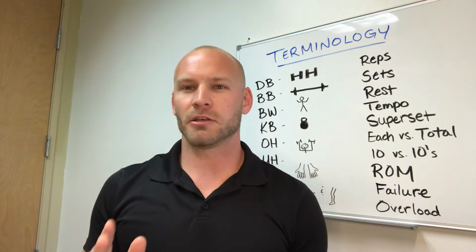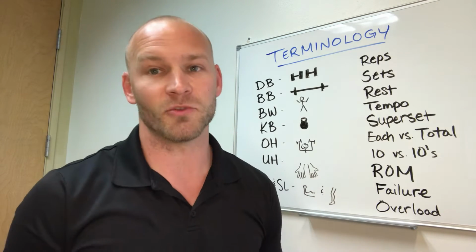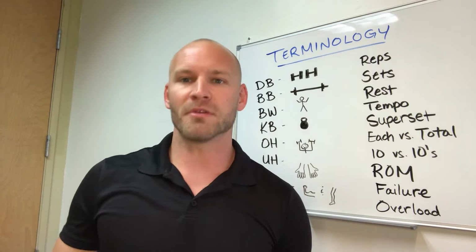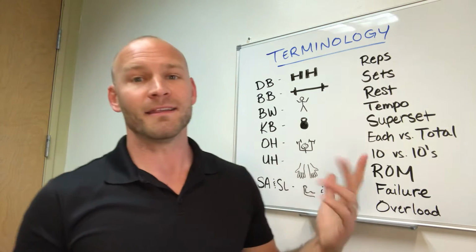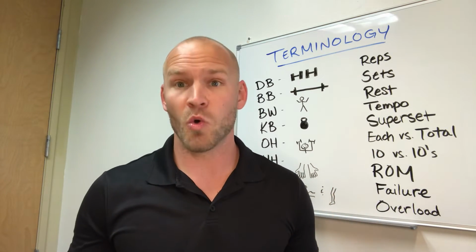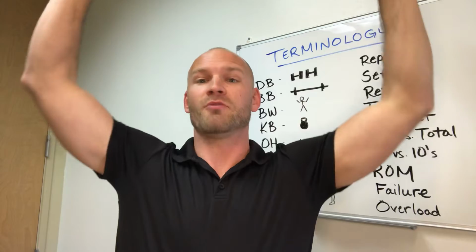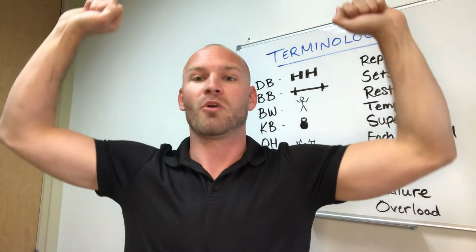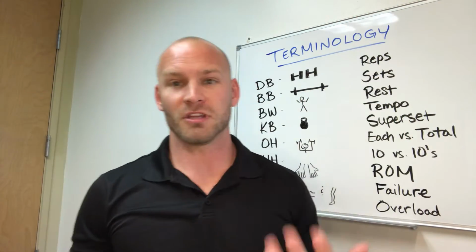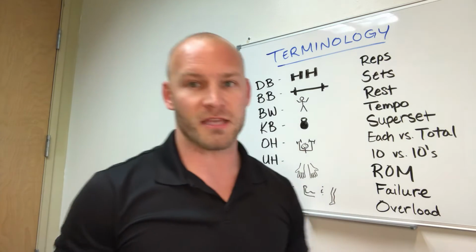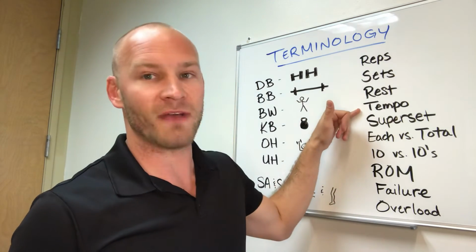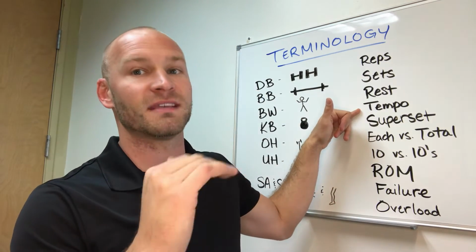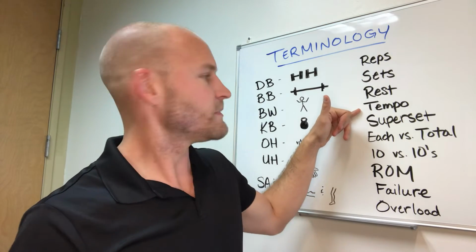We may vary that a little bit, but I'm not going to get extremely detailed with that. It's probably beyond the scope of the course, but your tempo, if I say slow, then that means extra slow. So that's going to be like 3 to 4 or 3 to 5 seconds for each phase of that exercise. So that's tempo, how fast or how slow, the tempo that you use for each rep.